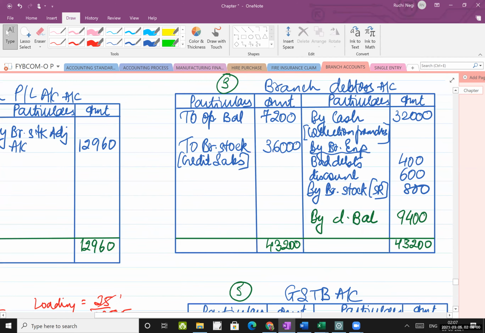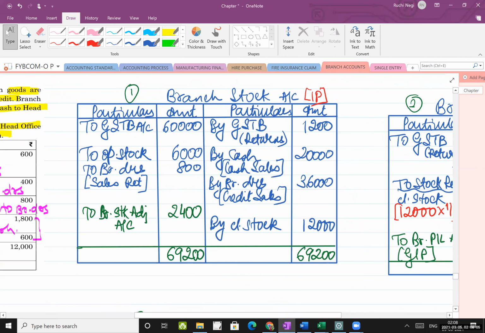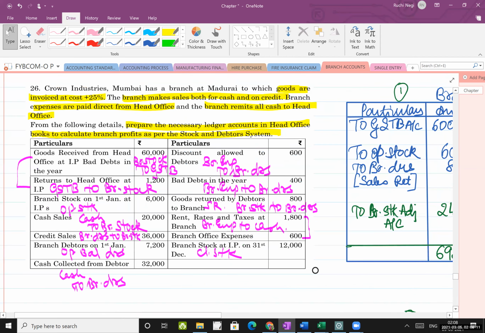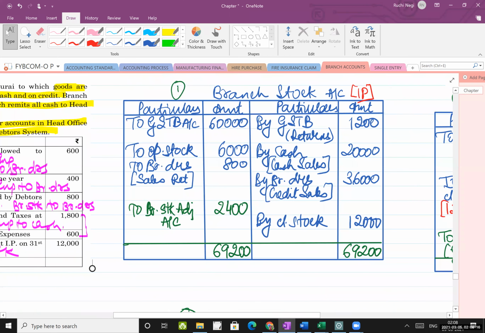And in the earlier question that we had taken, this is the past question that we took up. See this, question number 26. So this 2,400 that we got was the balancing figure here, क्योंकि इधर क्लोजिंग स्टॉक दिया था इस सम में, correct. हाँ, and in this question it is ulta.